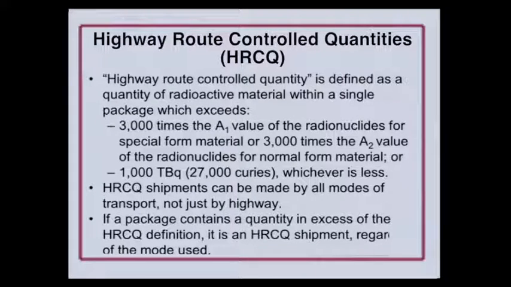And if a single package exceeds or contains a quantity in excess, it is a highway route control quantity regardless of the mode. Even if it's more than the definition, it is still a highway route control. Any questions on that? That's the higher end. We're just talking about definitions now. We'll get to talking about packaging and actual communication requirements later.